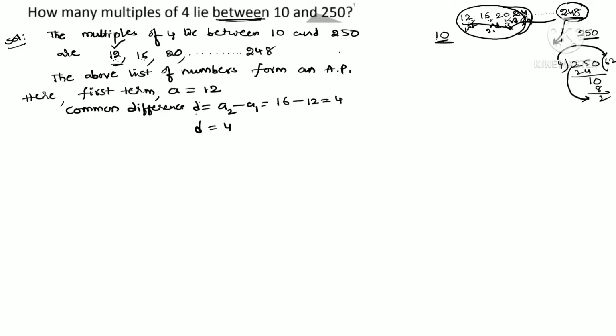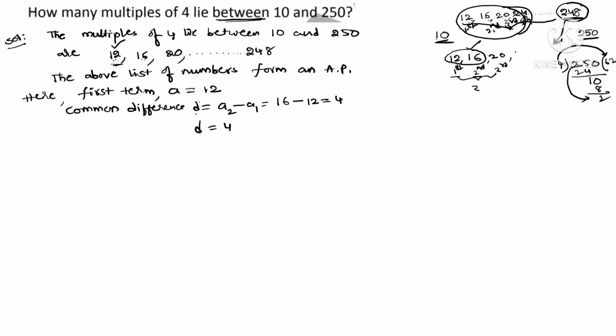Is it clear, everyone? For example, suppose you are selecting only 12, 16. This is first term and this is second term. How many multiples of 4 are there? You can say only 2. That means first term, second term. Suppose you are increasing up to 20, so this is the third term also added. Now you can tell that 3 terms are there.